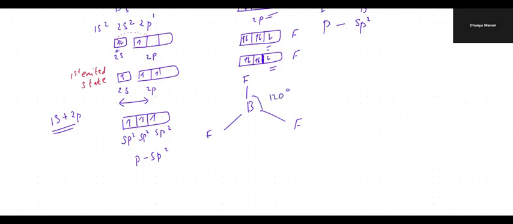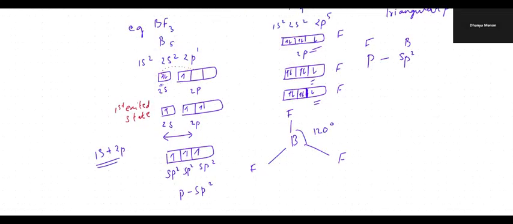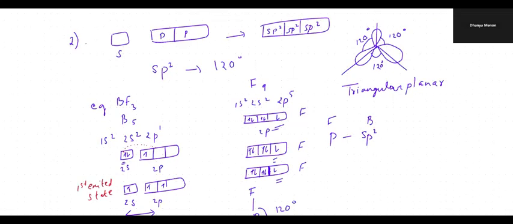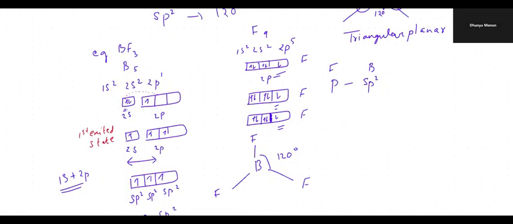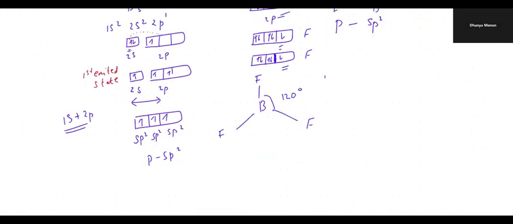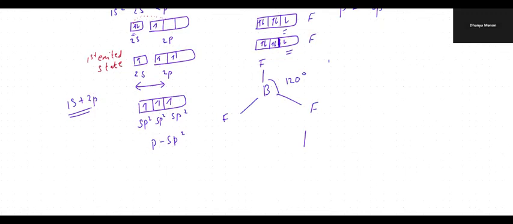So this was about sp2 hybridization. And remember that hybridization occurs only for those orbitals that are half filled, not fully filled, or empty also, that is no problem.